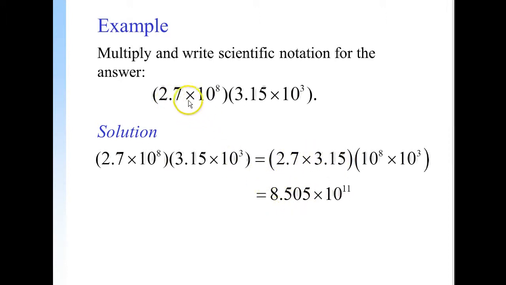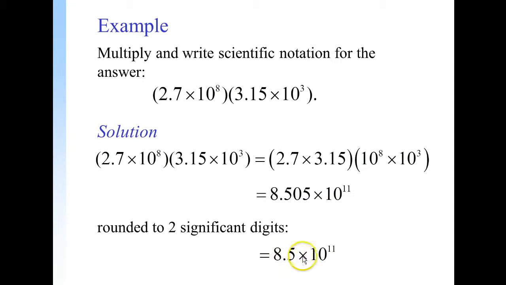Now, how many significant digits? Well, here we had 2, here we had 3, and here there's 4. So we're going to round off to how many? 2. So we go to the third place here in a sense, and that's a 0. So we're going to drop this, and that should be our answer, 8.5.